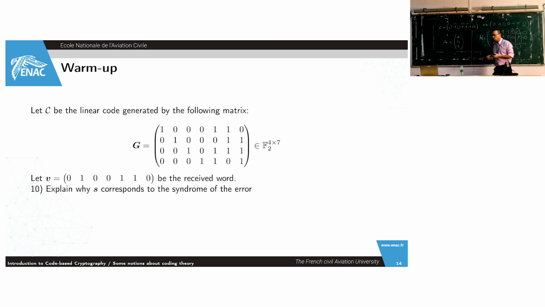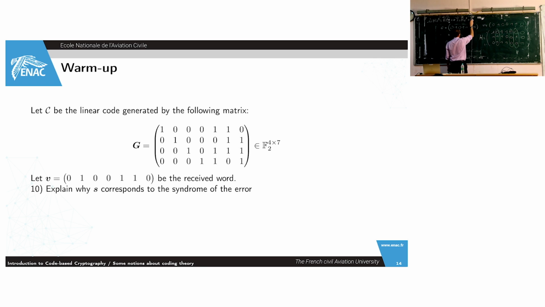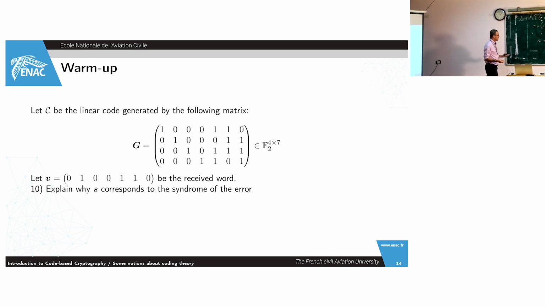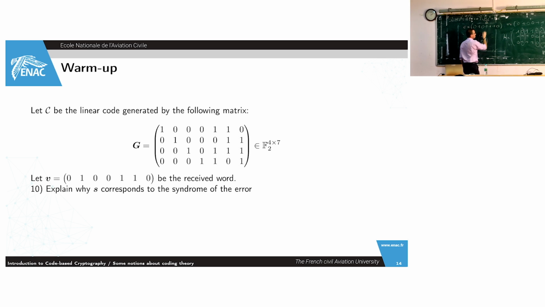Explain why S corresponds to the syndrome of the error. Actually, S is equal to H times V transpose, which is H times some code word plus an error, H times C transpose plus H times E transpose, for some C, for some E. But as C is a code word, H times C is 0.